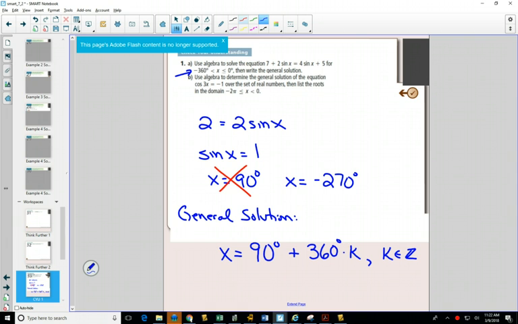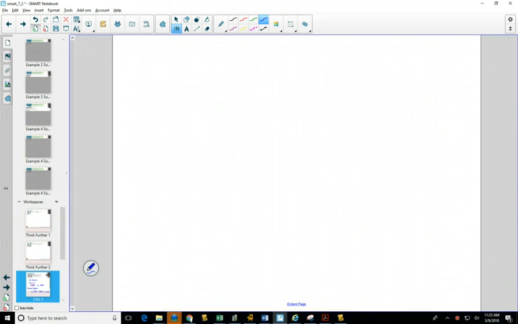Part B, use algebra to determine the general solution of the equation cos 3x equals negative 1, and then list the answers between negative 2 pi and 0. So in part B, they asked us to do the general solution first.